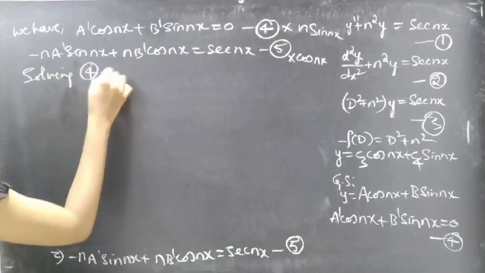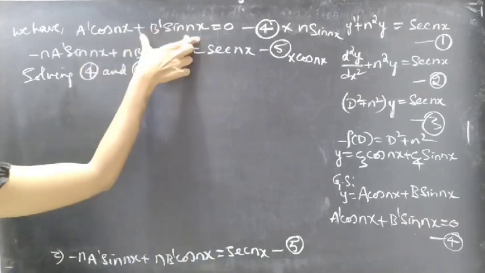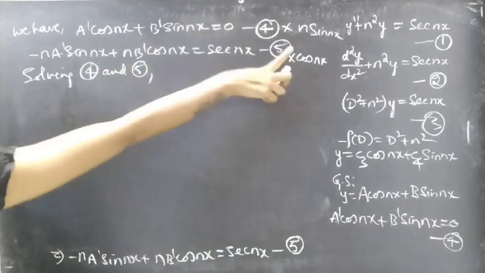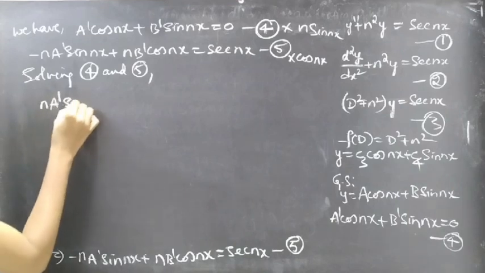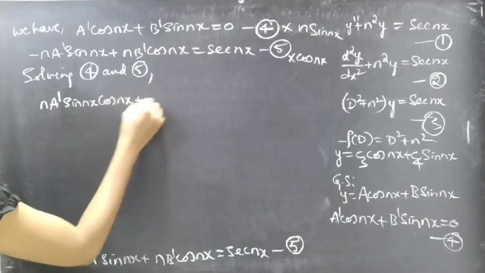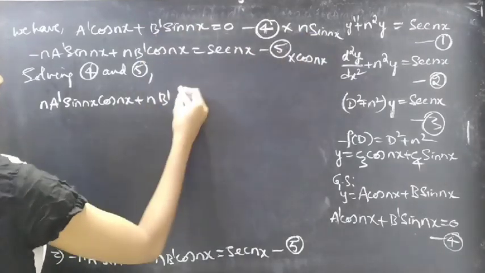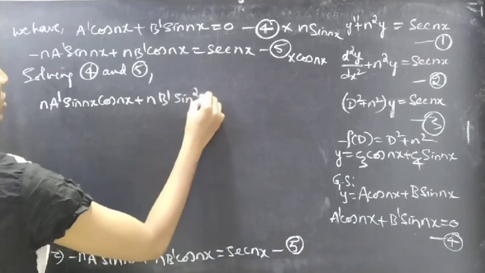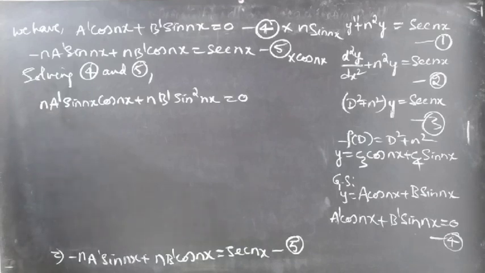Solving 4 and 5, just multiply equation number 4 with n sin nx. We'll get n a dash sin nx cos nx plus n b dash sin nx into sin nx, which is sin square nx, equal to 0. Now multiply equation 5 with cos nx.